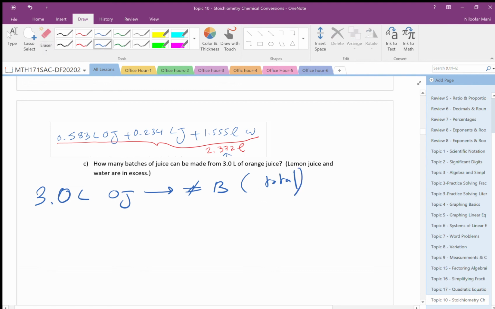So first I have to go from this many liters of orange juice to how many batches.